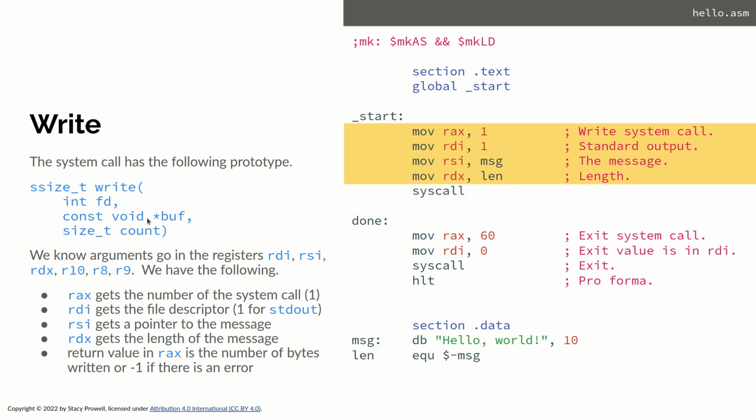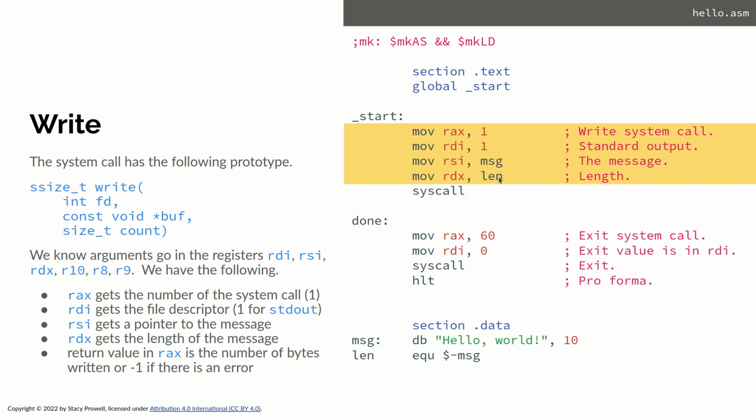We put standard out, which is 1, in RDI. A pointer to the buffer, the address of the buffer, has to go in RSI. There we go. We go ahead and move message, which is the address of this initial H, into RSI. And then the length has to go in RDX. And so we take the constant length and put that in RDX.